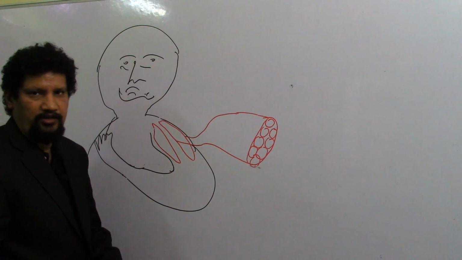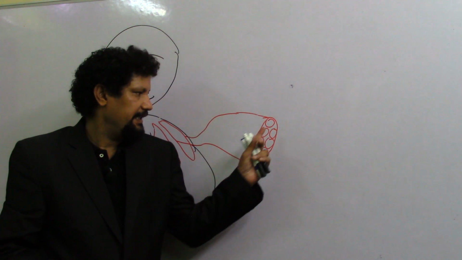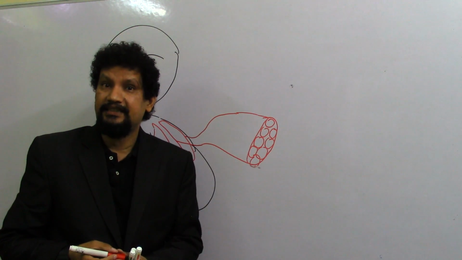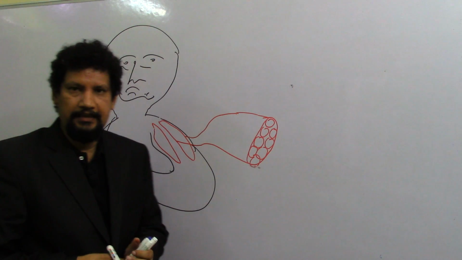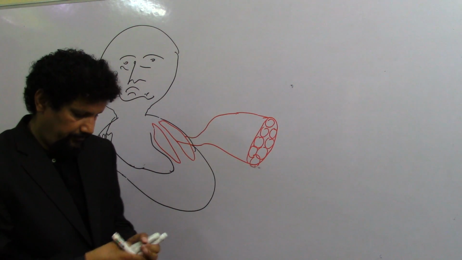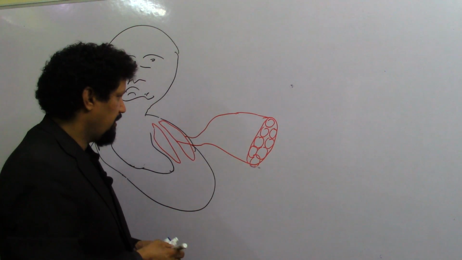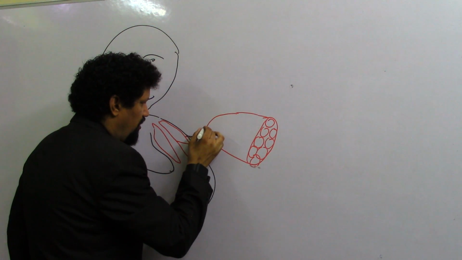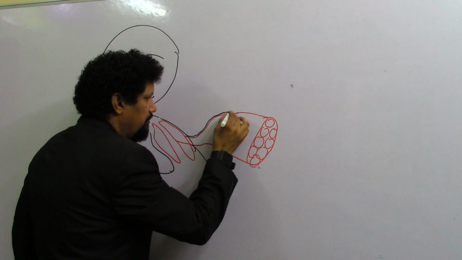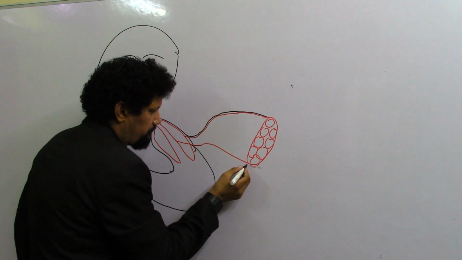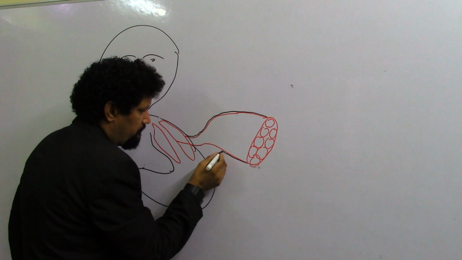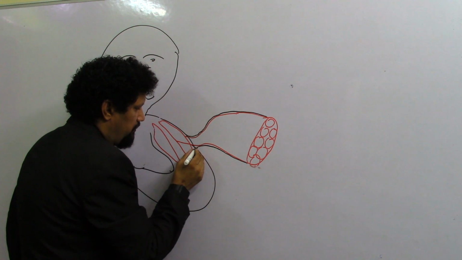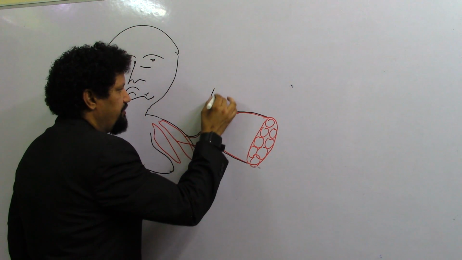When we see the cross section of the muscle, we will see the bundles or fasciculus of the muscles arranged like this. So this muscle is covered by a tough fibrous sheath of connective tissue known as epimysium.